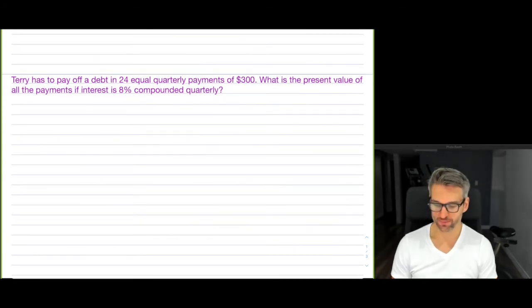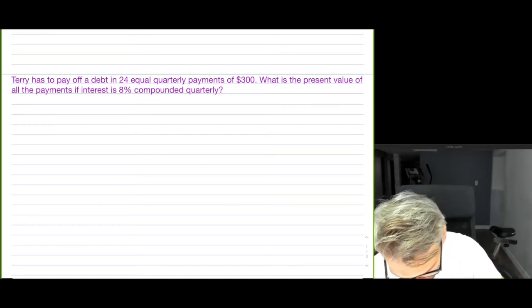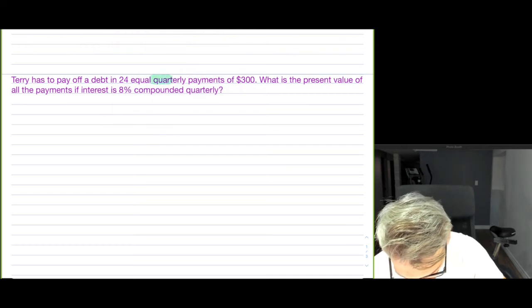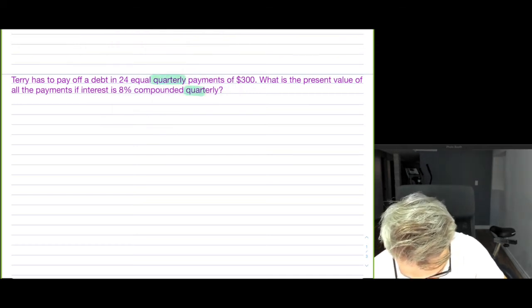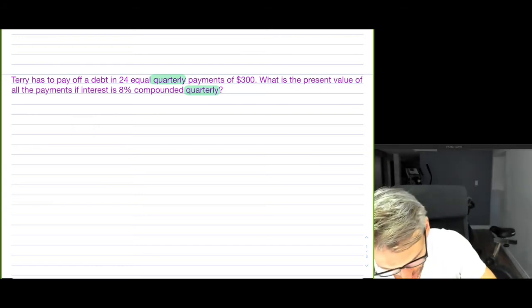Terry has to pay off a debt in 24 equal quarterly payments of $300. What is the present value of all the payments if interest is 8% compounded quarterly? Right away what I notice is that we have quarterly payments and compounding quarterly, so both payments and compounding terms.